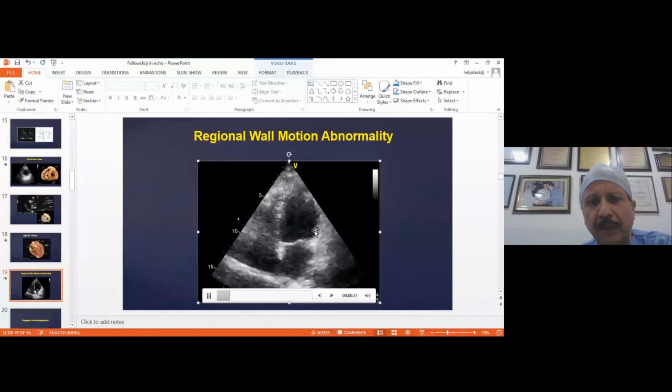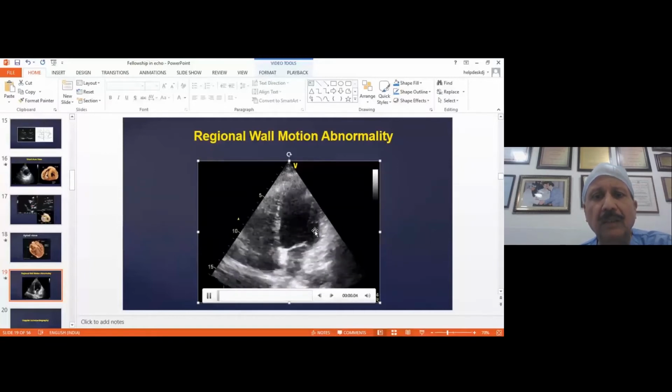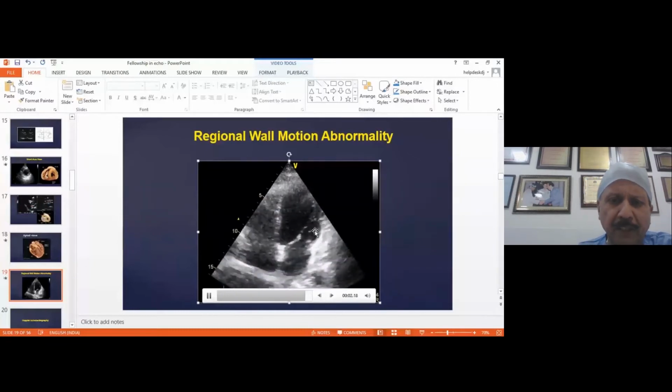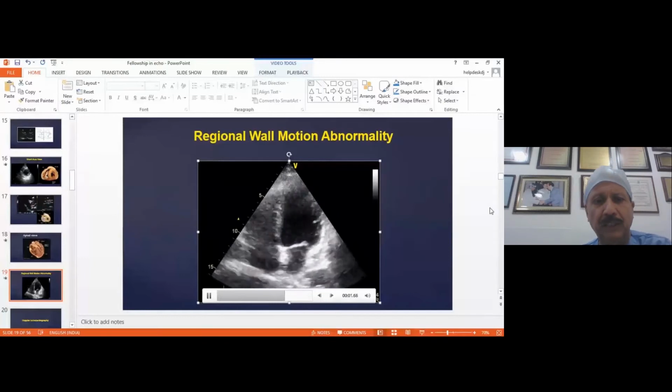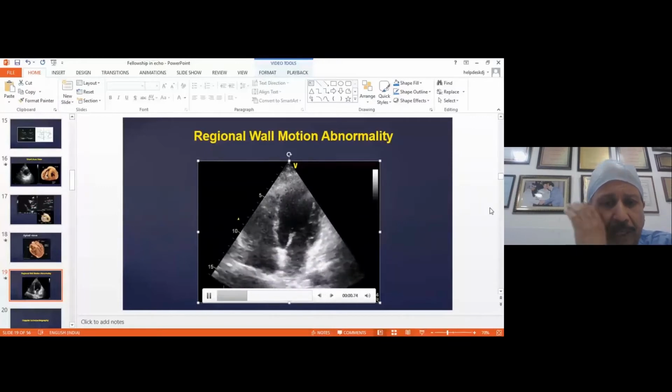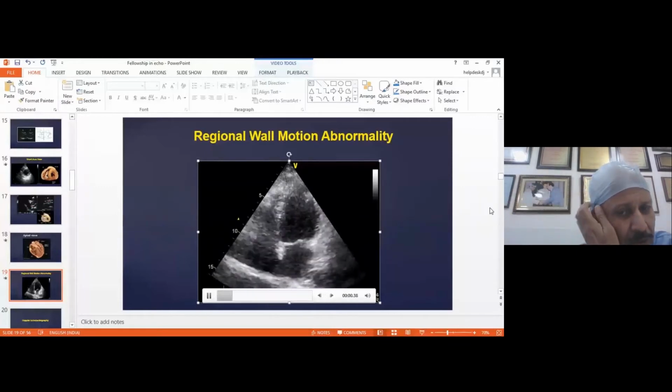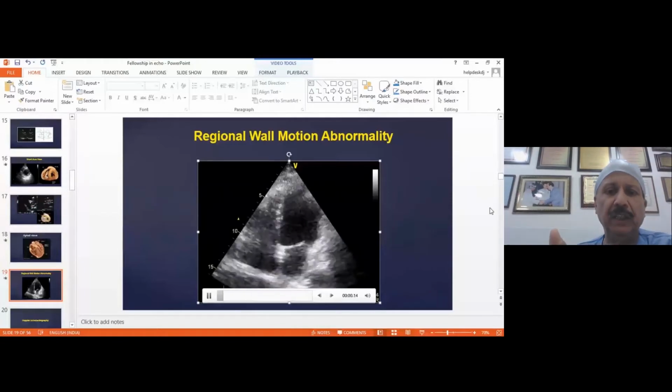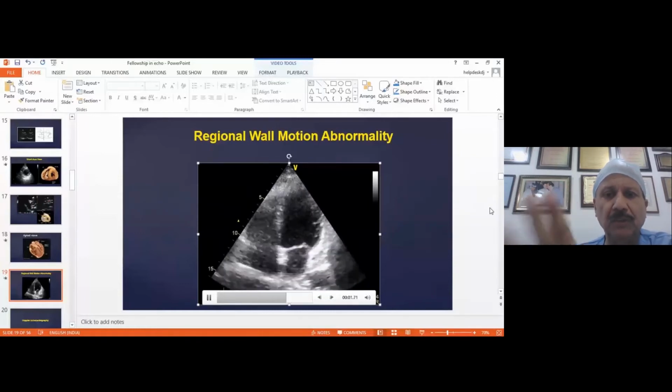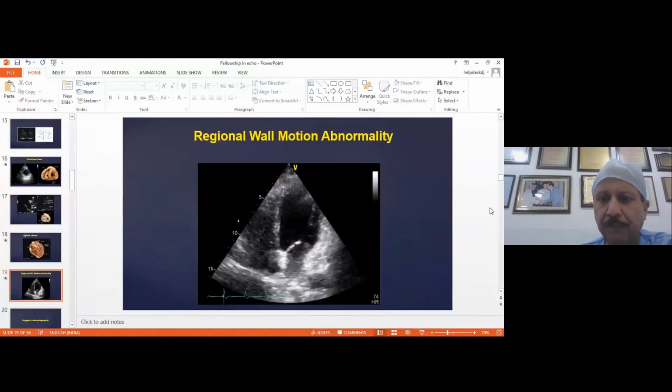You can see the complete walls of the heart, and in many views, all 17 segments can be visualized. So this then very briefly showed us that from the time when Leonardo da Vinci actually showed us what the structure of the heart is, now you can see it without any pain to the patient, any radiation hazard to the patient, left lateral position, transducer, and you can see all these things.